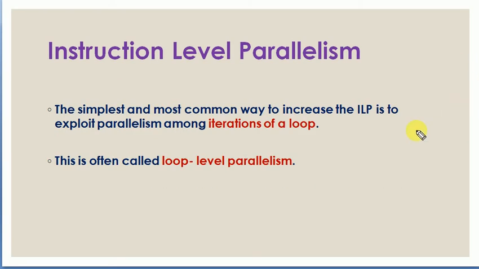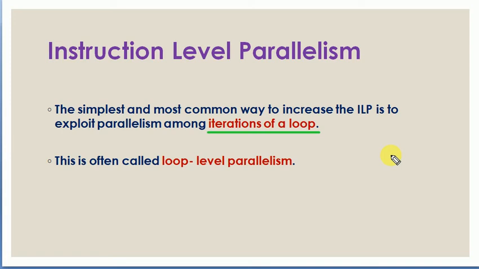The simplest and most common way to increase instruction level parallelism is by exploiting parallelism among the iterations of a loop. If we have a loop with 100 or 1000 iterations, we need to perform the same task multiple times, n number of times according to the loop.